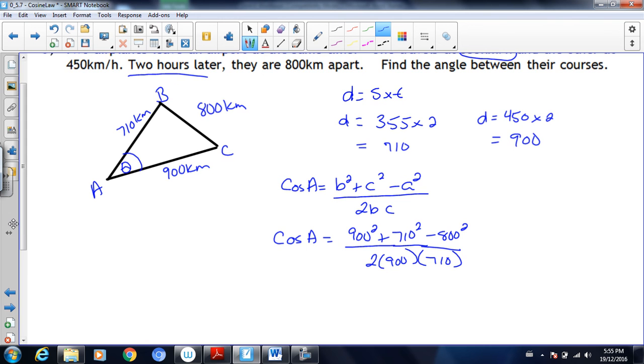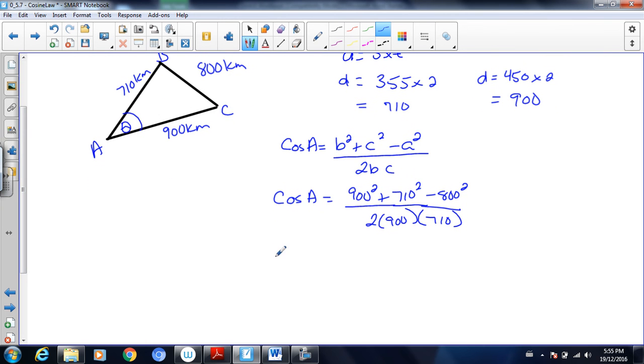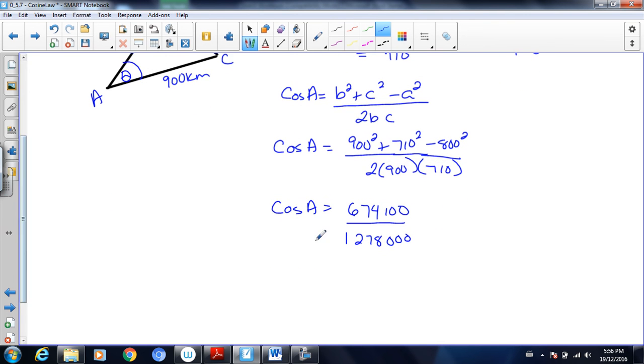When I calculate my numerator, add them all together and subtract, you should have 674,100 all over 1,278,000. That's what I get when I calculate my denominator.